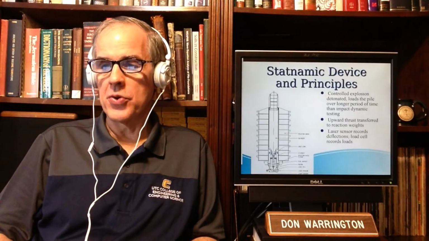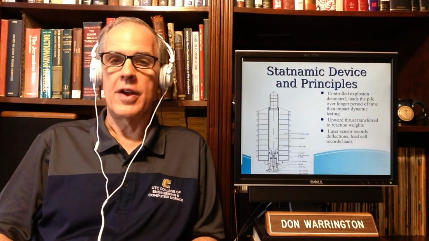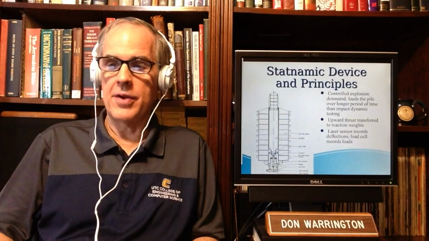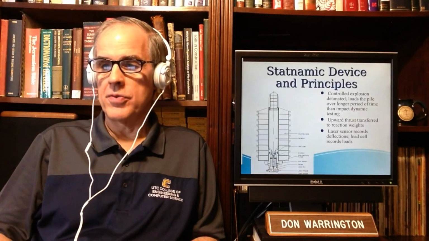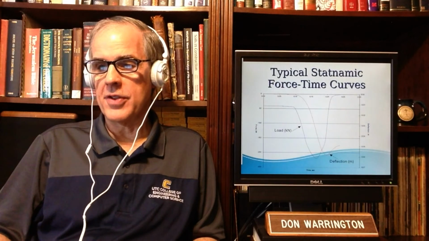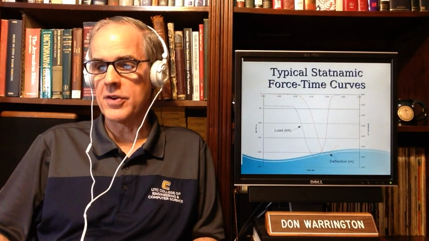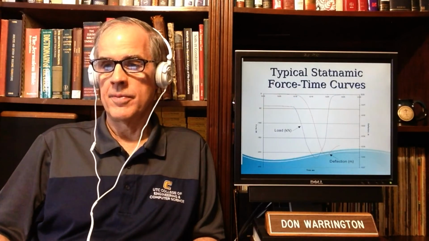You have a sensor to record the deflections, and the load cell, like you have with static load testing, records the loads. The result is that you get two different load deflection curves in Statnamic.